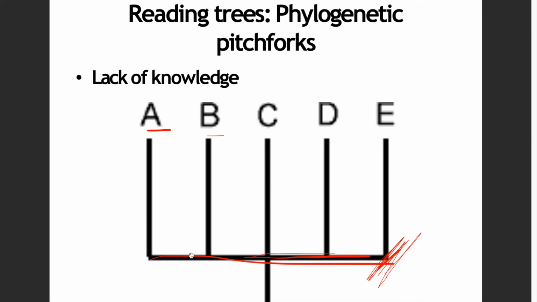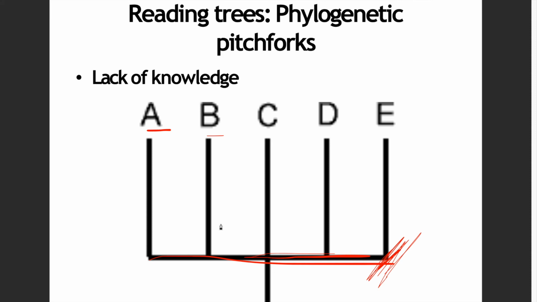The first one, this polytomy may indicate either that we don't know how the descendant lineages are related because of the lack of knowledge, or that we think that these descendant lineages speciated simultaneously.